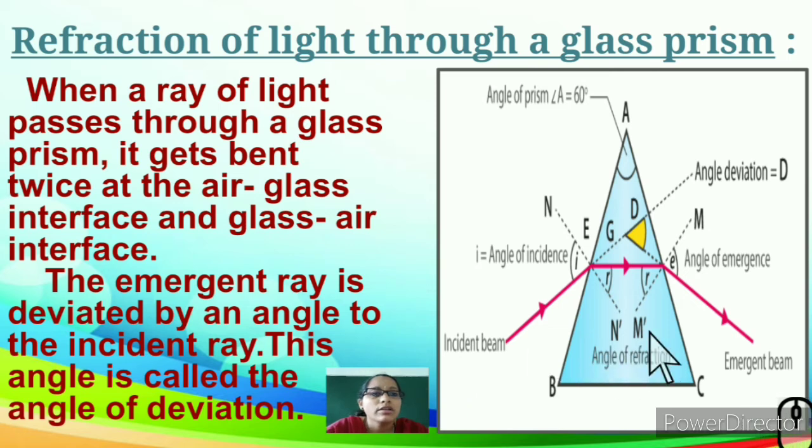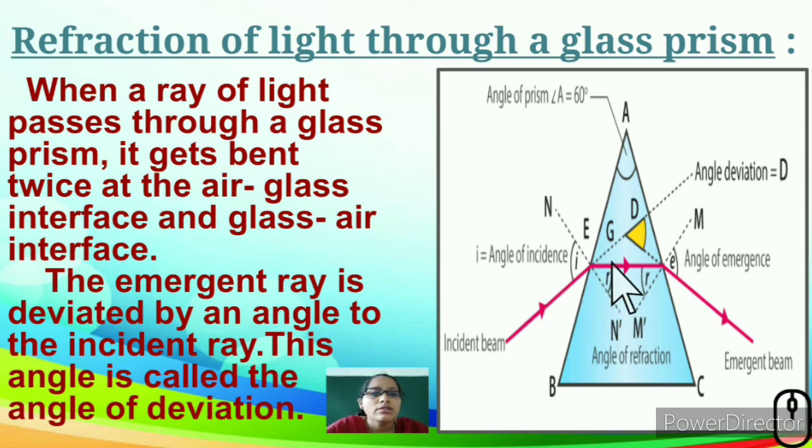These are two different mediums, that is, air medium and glass medium. From air to glass is one bending, and from glass to air is the second bending. So you can see that the emergent ray is deviated by an angle from the incident ray.